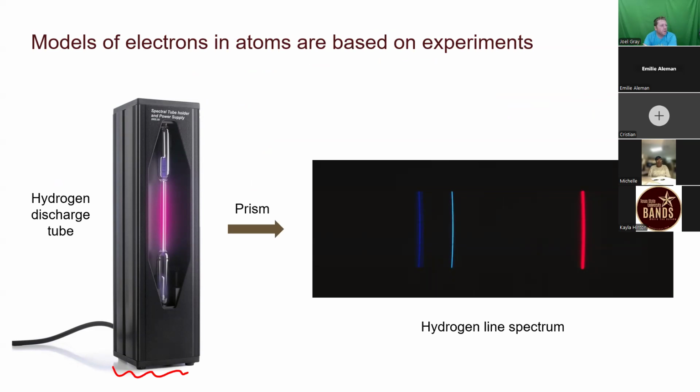What this allows you to do is to get a gas, for instance, here we have hydrogen gas, H2 gas, and then you send an electric current through it. And then you can see the different colors that are produced, provided that you use a prism.